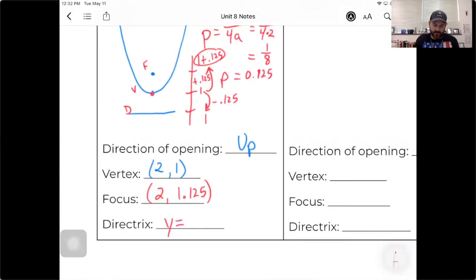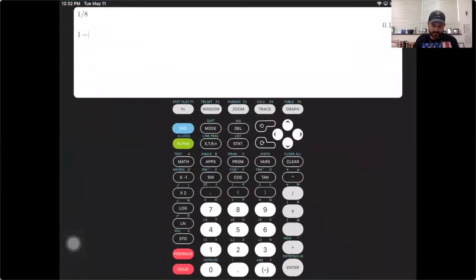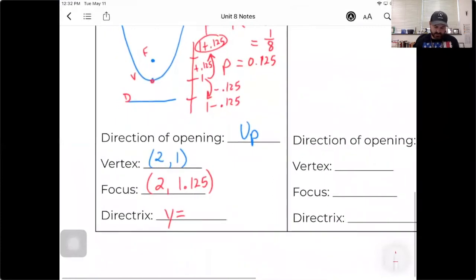I can go ahead and do that in the calculator. 1 minus 0.125 is 0.875. So my y value for the directrix is just 0.875. You can put it with the 0 in front or just start with the decimal. Either way is fine. Let's keep doing examples.